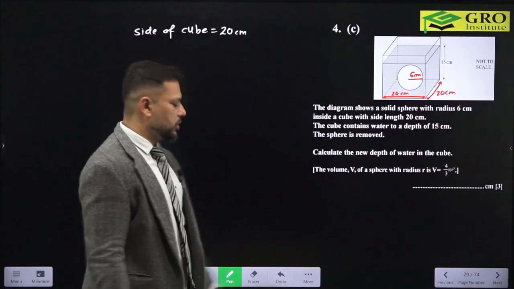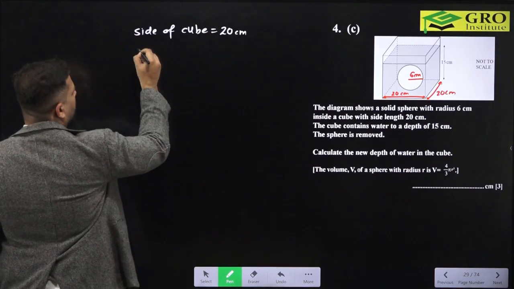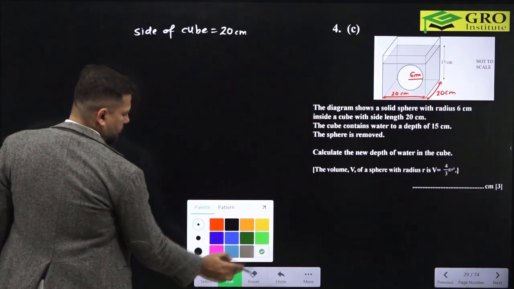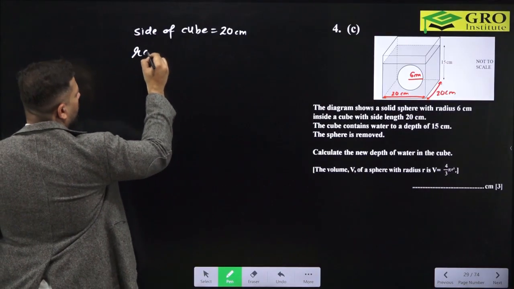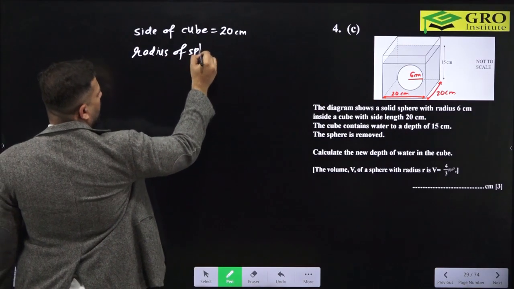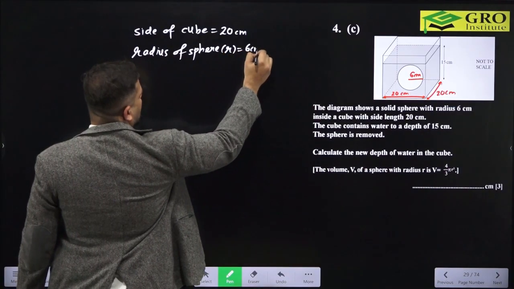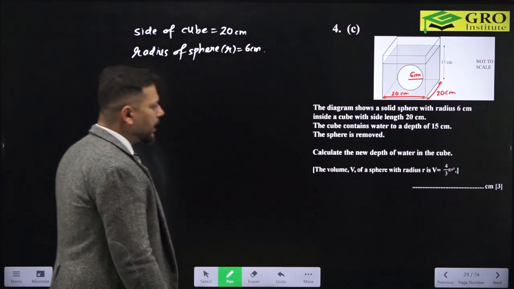This is what the information is all about. Let us write it. Radius of sphere, we'll take it as small r, is given to us as 6 centimeter, right, guys?